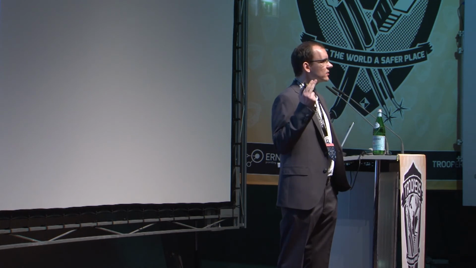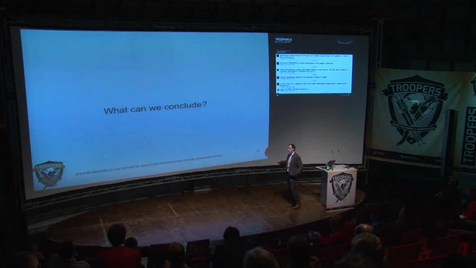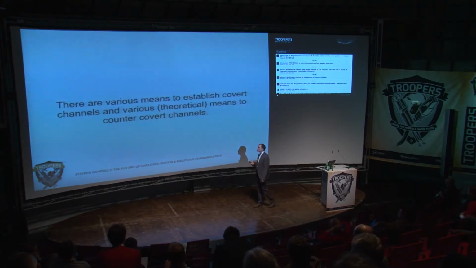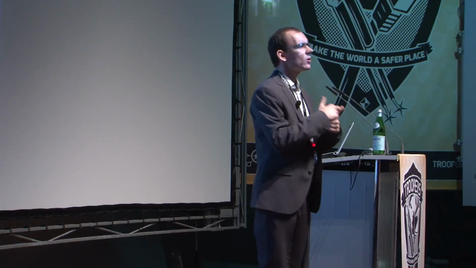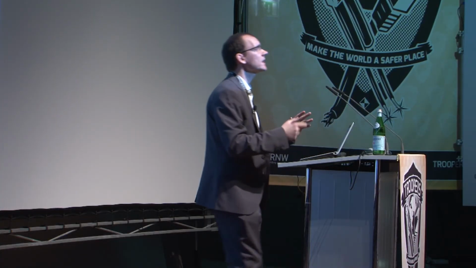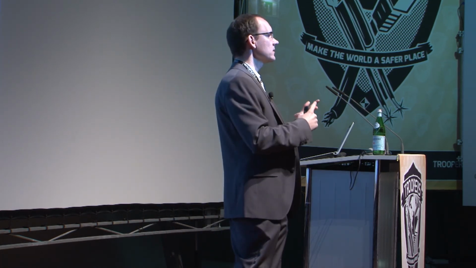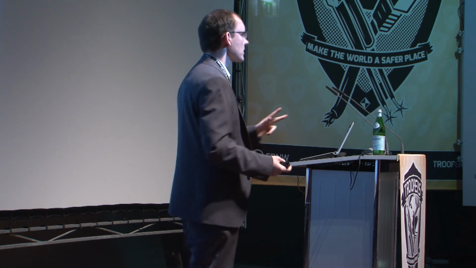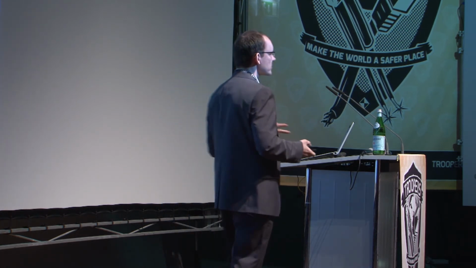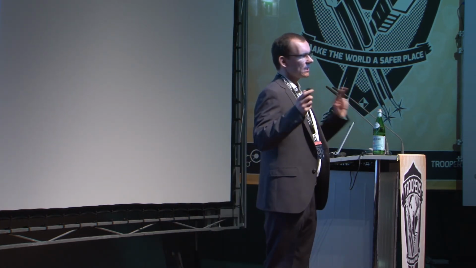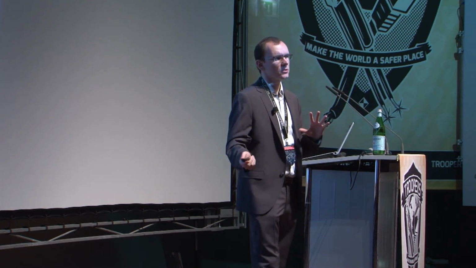But what can we conclude for the whole talk? First thing is, we have many, many techniques for covert channels. Not all of them can be detected. We have so many techniques to detect covert channels. Yes, we can limit them, we can detect them, and we can prevent some of them. But nearly all of the techniques are coming from academia.